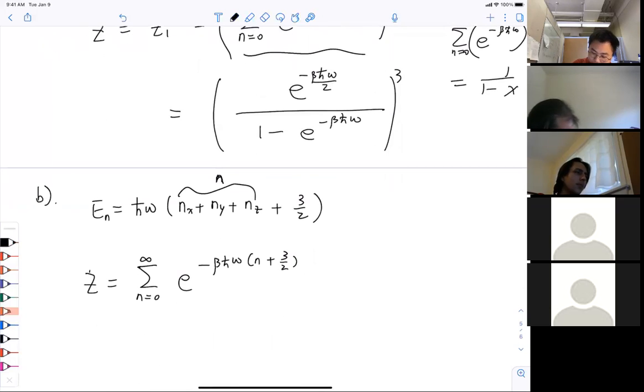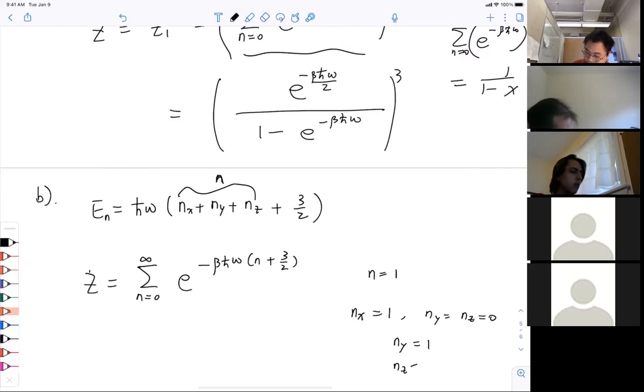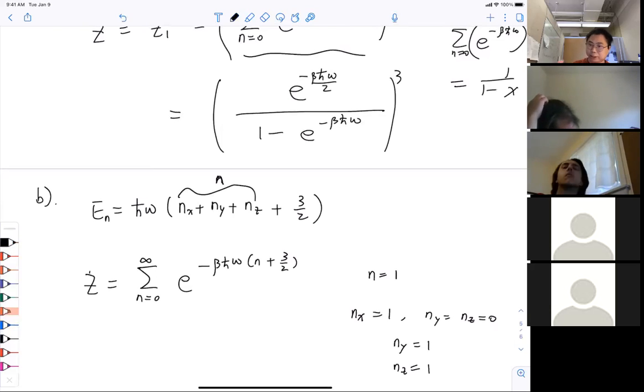So now for N equal to a finite integer, there are various ways to arrange. For example, N equal to 1: I can choose the first harmonic oscillator to be 1, the second and the third to be 0. I can also choose my second to be 1, and I can also choose the third to be 1, meaning that there is a degeneracy.